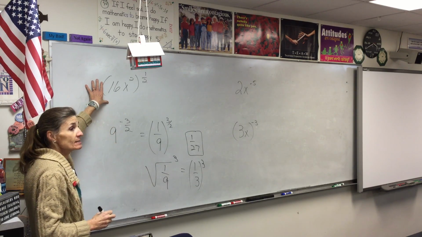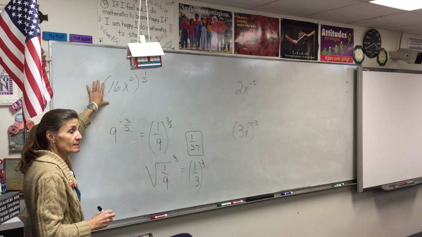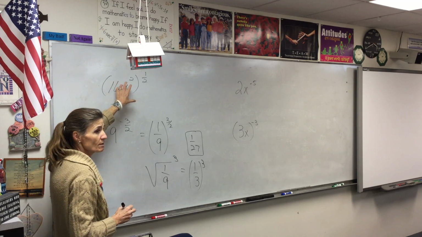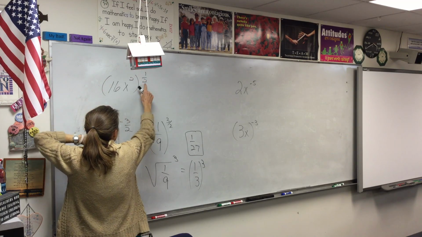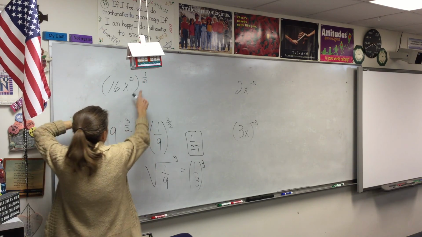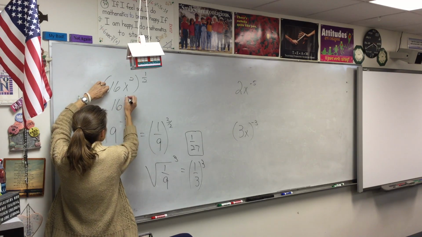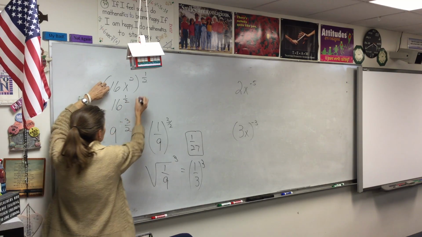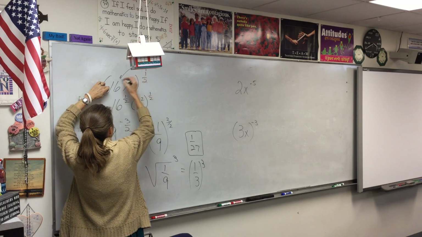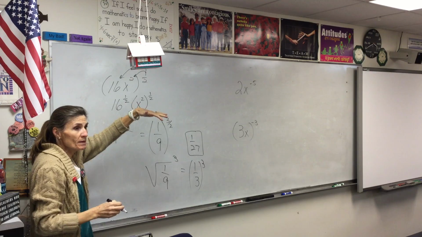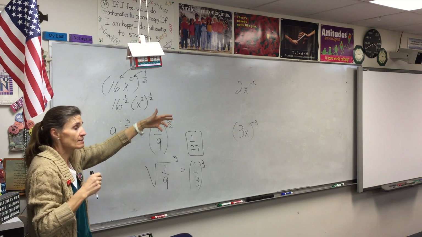Now, this is kind of like that, except it's got a little bit more stuff going on. When you have a parentheses with an exponent outside of it, that exponent goes with everything. So this is going to be 16 to the 1/2 and x squared to the 1/2. That 1/2, it's not really distributive, but it's like distributive. It goes with both things.